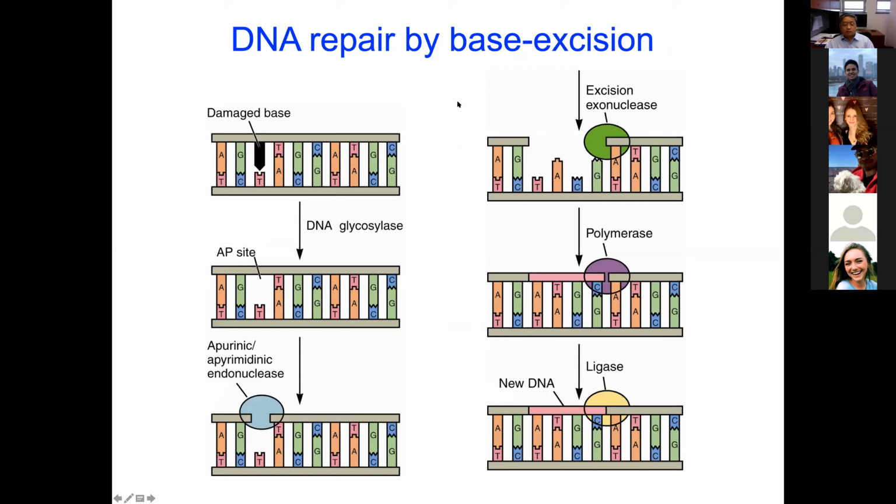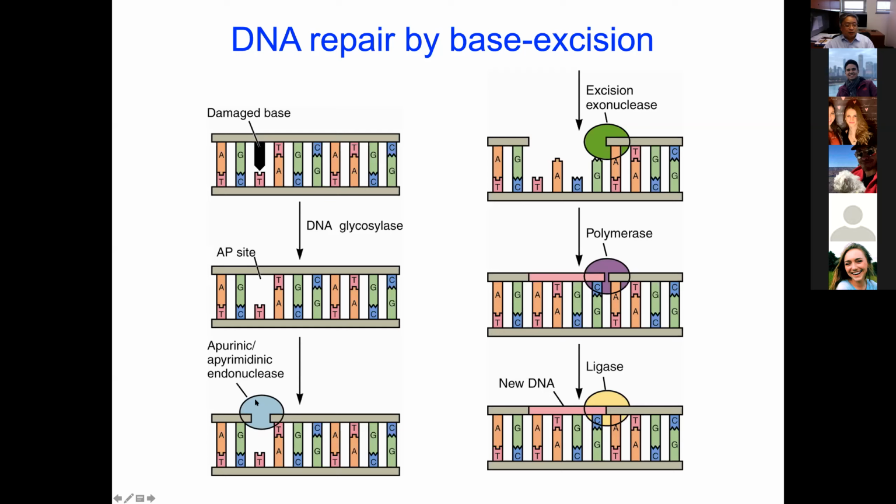So sometimes DNA damage can be repaired by the base excision process. For example, if this base is damaged, there's an enzyme called DNA glycosylase, which will remove the base from the ribose.